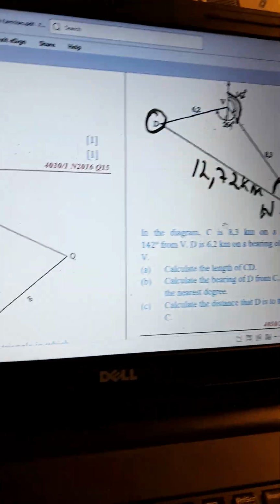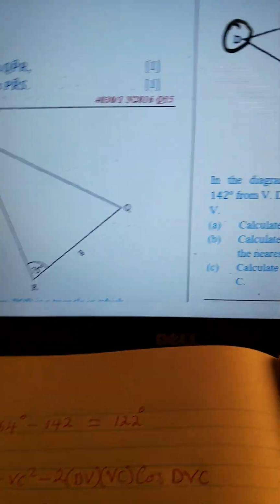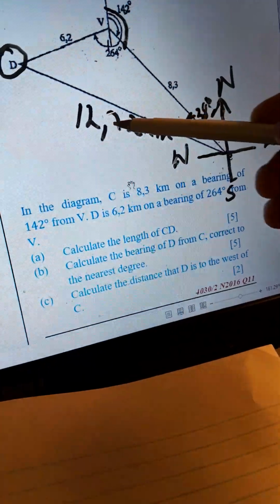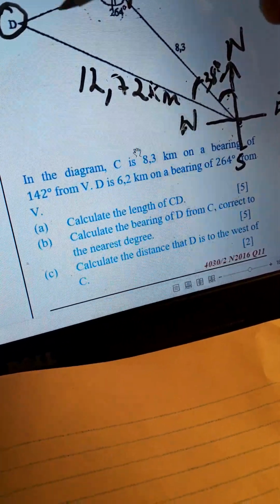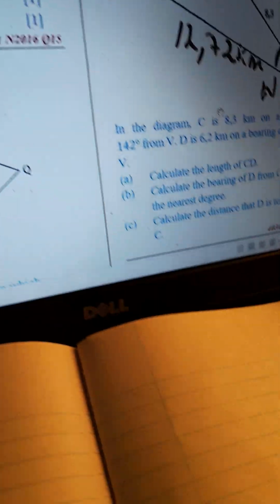So the sine rule states that if you are given one angle and its opposite side, and the other angle to be found and its opposite side, then I don't have a problem.